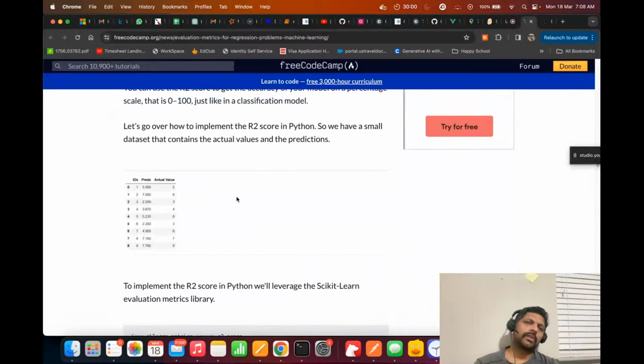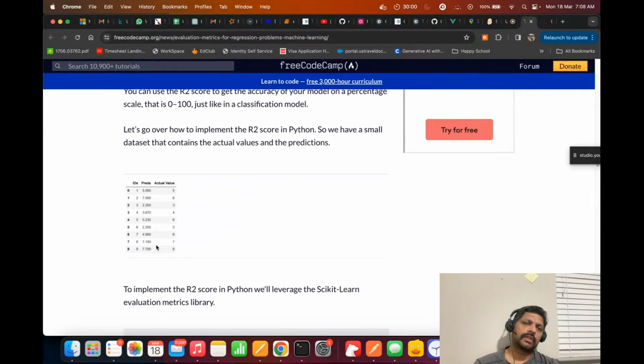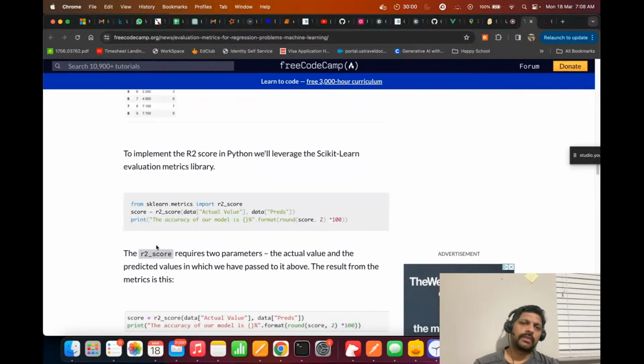Now here it is clear. So if you look at this, the individual values are okay.